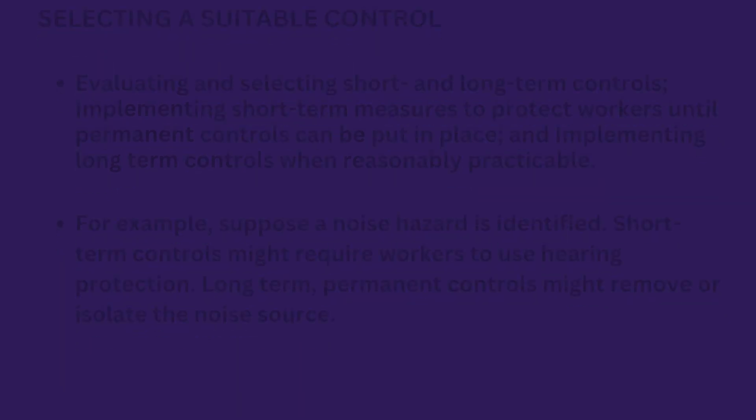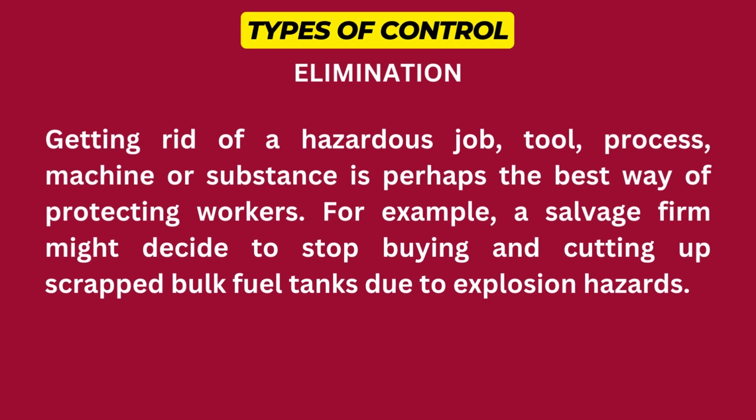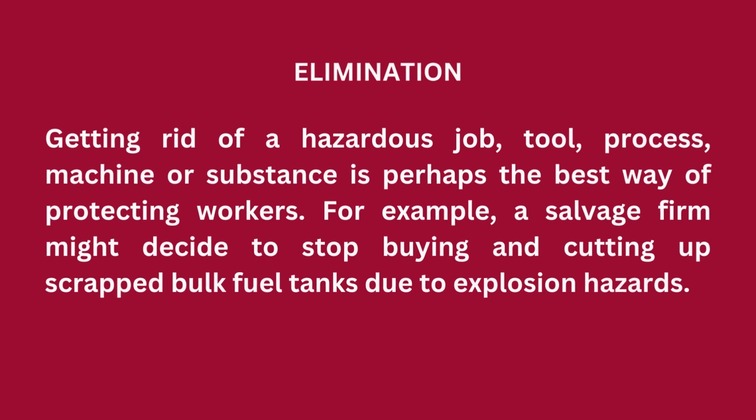What are the different types of control? First is elimination. Getting rid of a hazardous job, tool, process, machine or substance is perhaps the best way of protecting workers. For example, a salvage firm might decide to stop buying and cutting up scrapped bulk fuel tanks due to explosion hazard.